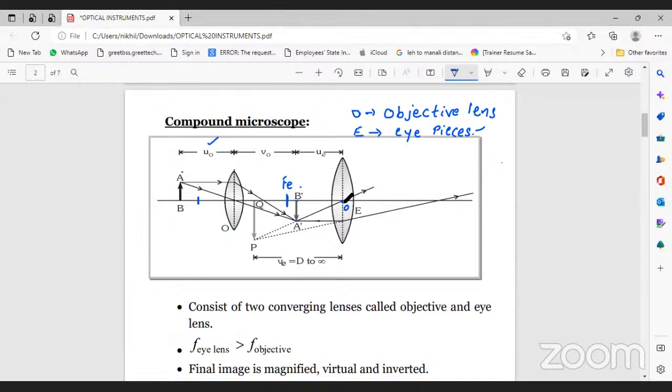So for A dash B dash, you are going to get an enlarged erect image. So this final image is erect with respect to the object A dash B dash. But with respect to AB, this final image is inverted, no? Yes, sir.